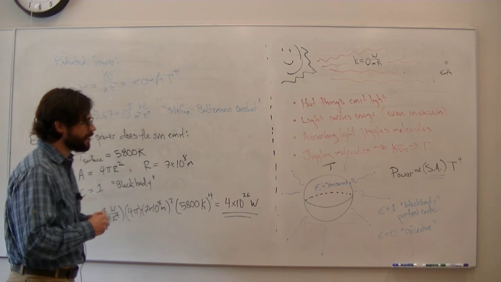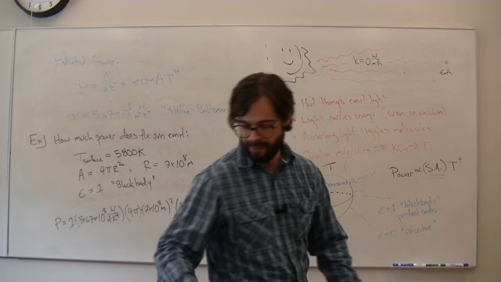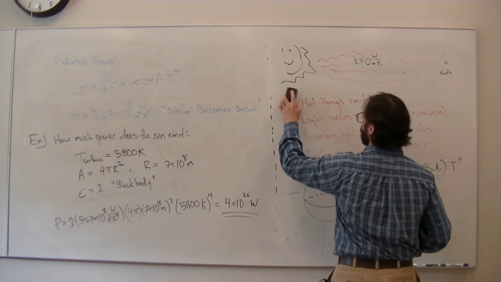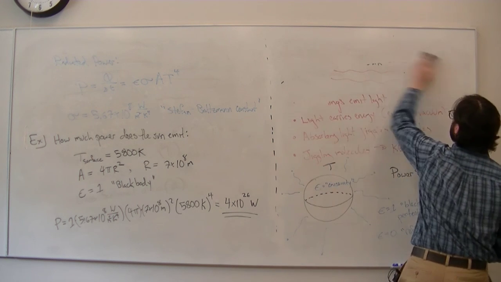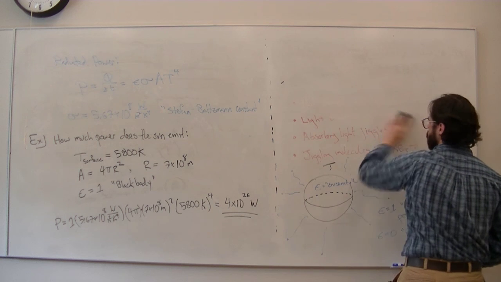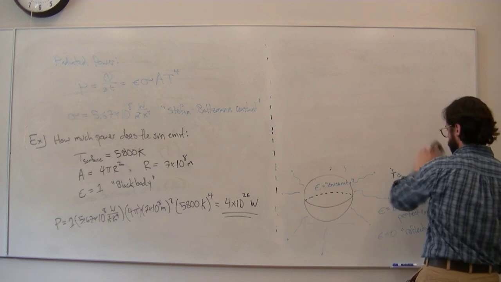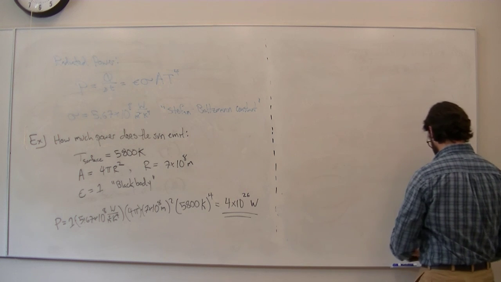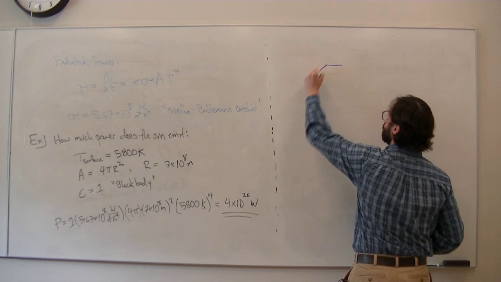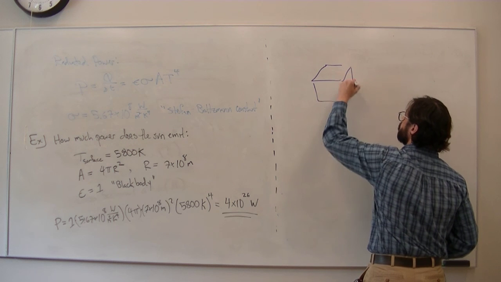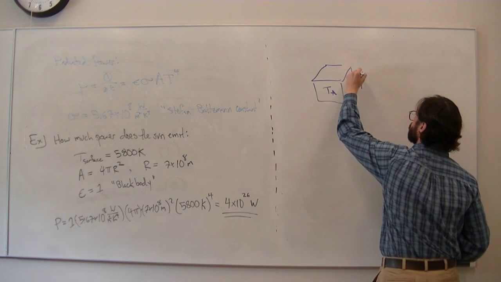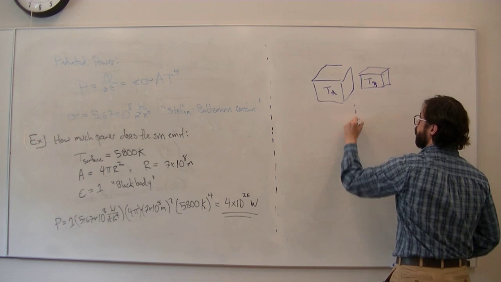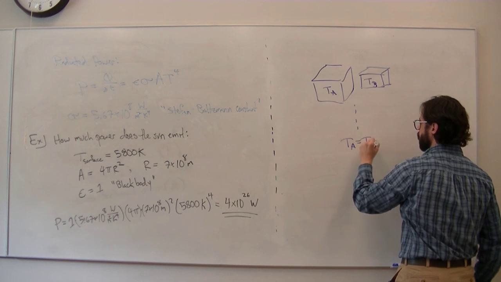Okay, last teeny tiny little comment about statistics and what this means. Let me go back to this scenario where I have 2 things coming to equilibrium, but they're air-gapped, they're not touching, and I'm letting them come to equilibrium with radiation only. So I've got my TA and my TB. And then I wait, and finally they're at equilibrium.